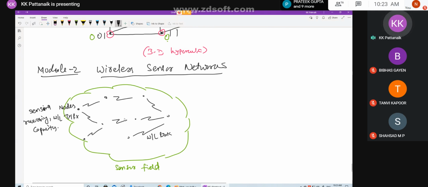These sensing nodes, or sensor nodes, communicate to a sink node, known as the base station.